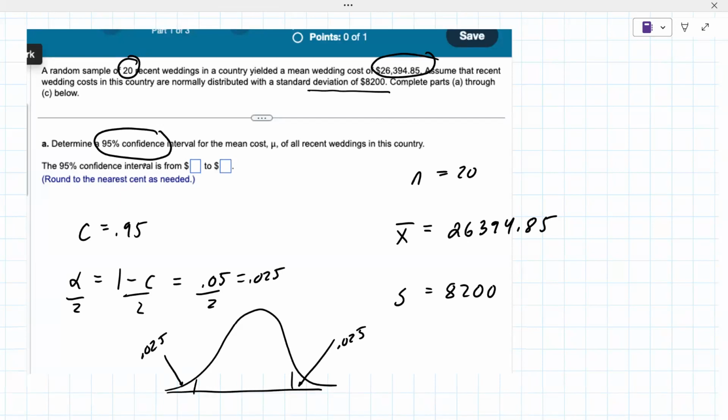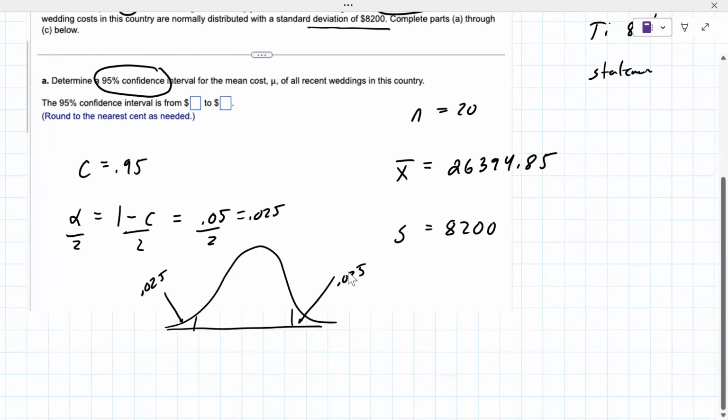And the other thing here is that you can use a calculator to do all of this, depending on what they allow in your class. Are you guys using a TI 83, 84? Are you using StatCrunch? Like, what are you guys doing for this? We're not using any specific kind of calculator.